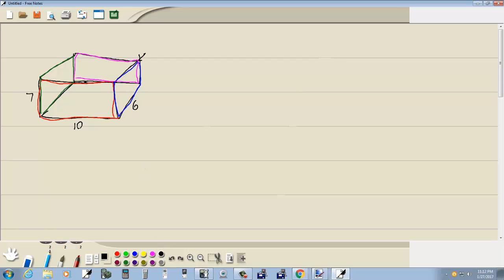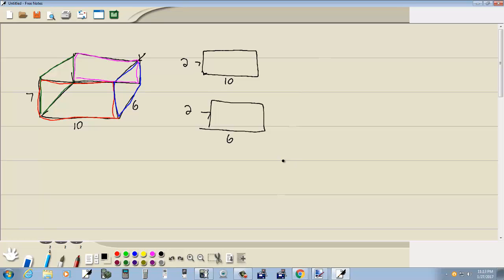Now, this wall within red is the same dimensions as this wall here. So we're going to have 2 rectangles of 7 by 10. 10 is the distance here, 7 is the distance here. And then we're going to have 2 walls. This side here matches this side here. This is 6 and this height is 7.